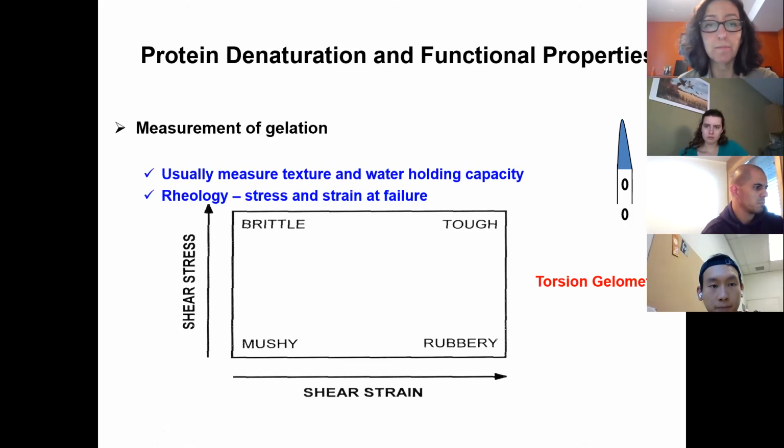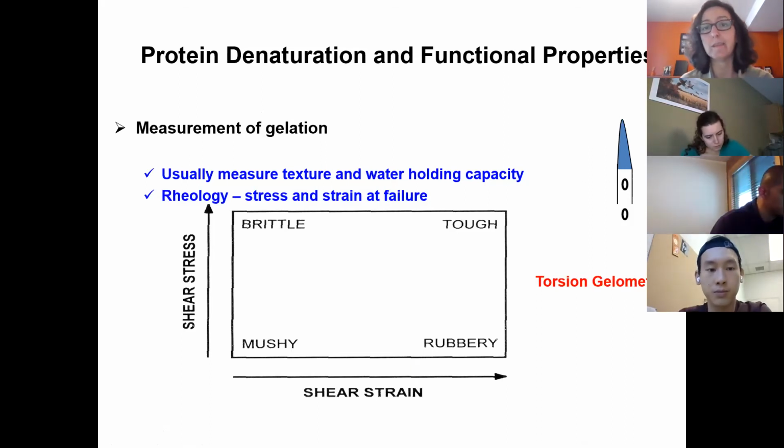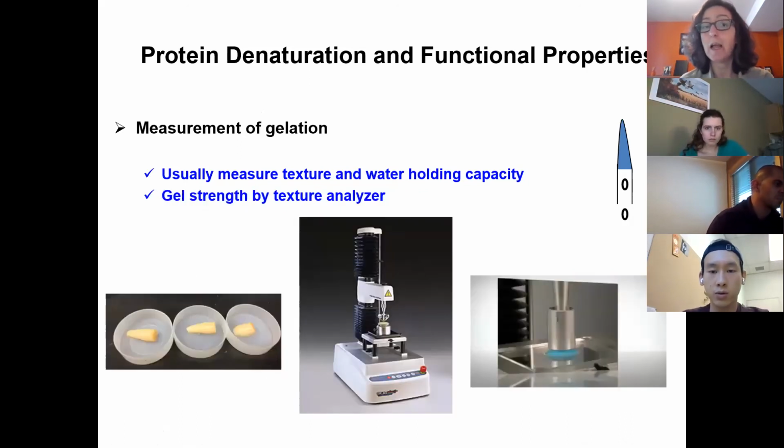Then we look at gel rheology. You can do the stress-strain, modulus of elasticity, G prime, G double prime, or most commonly in the lab, we use a texture analyzer to determine gel strength.